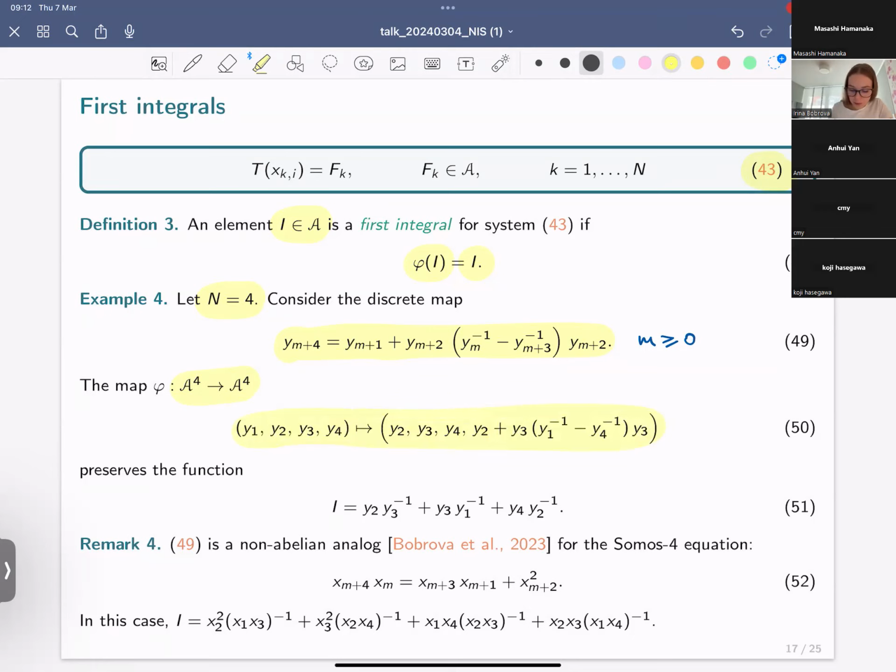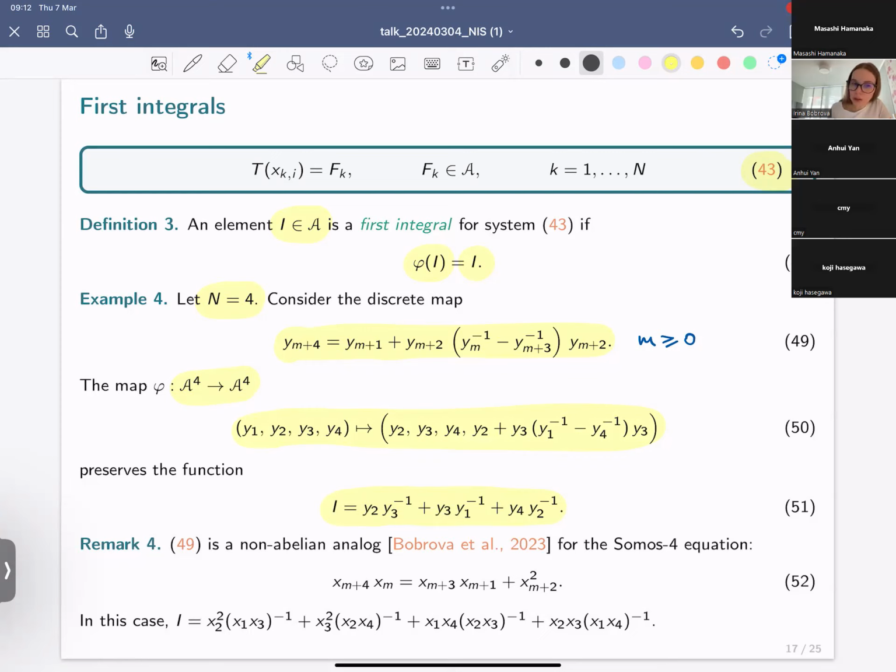One can verify that under this map, the function I of this form is preserved. It means that this function is the first integral of this non-abelian discrete map.